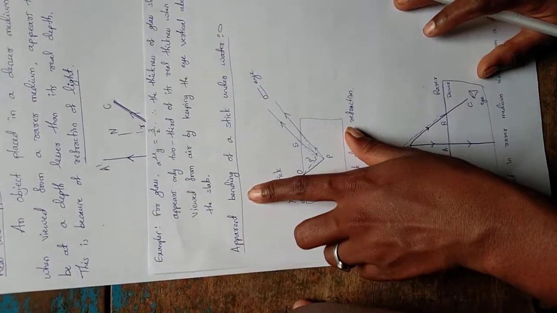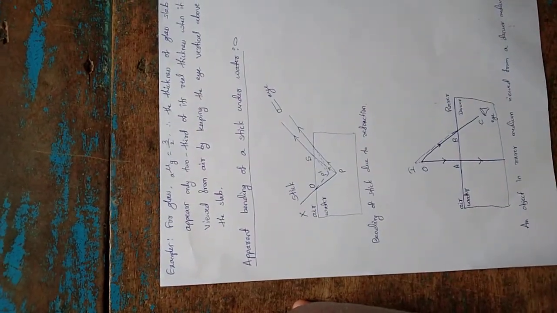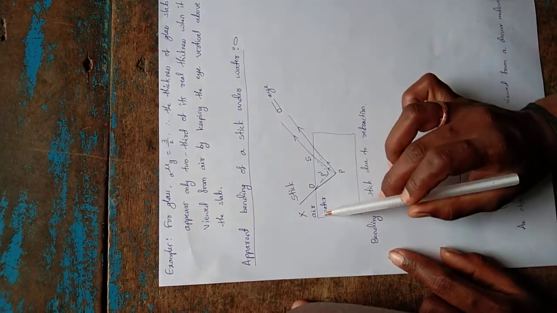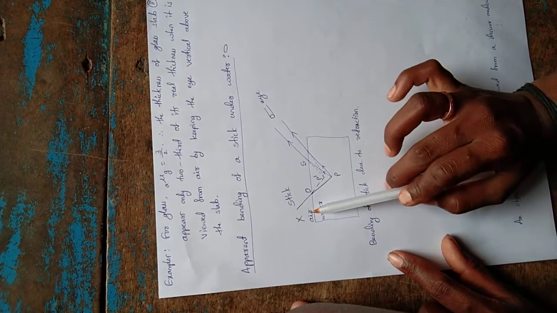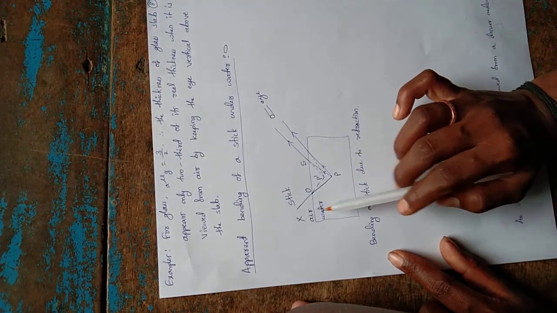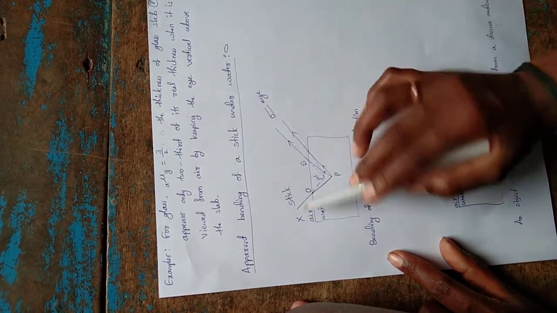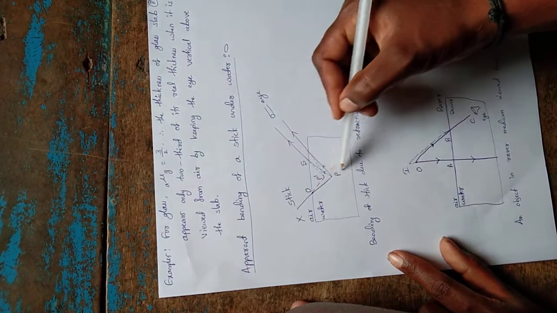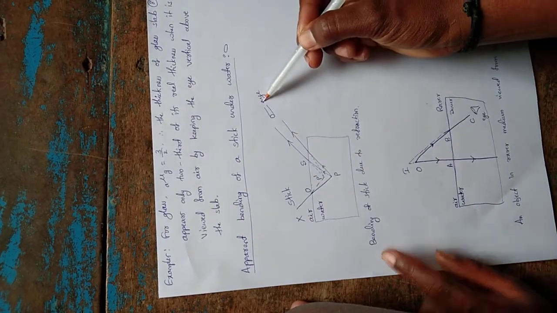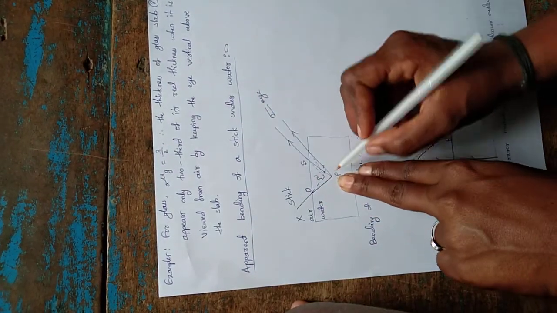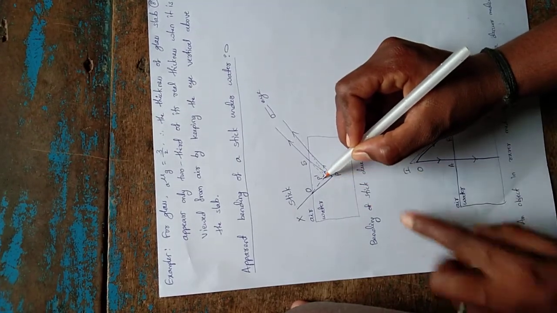Next, apparent bending of a stick under water. See, take an air and a water medium. Air is a rarer medium, water is the denser medium. If the stick OP is in the water and we are seeing it from the rarer medium, it will appear at the P dash point.